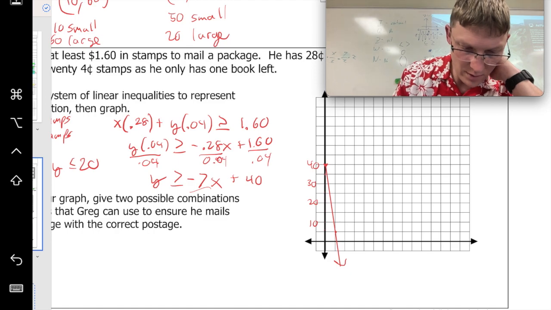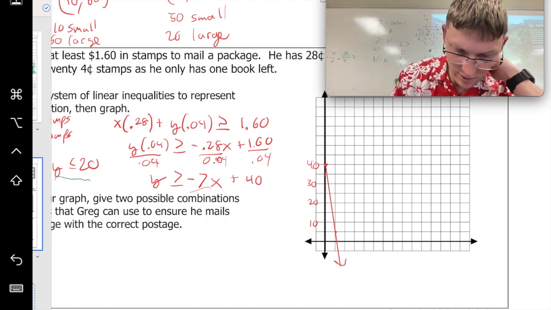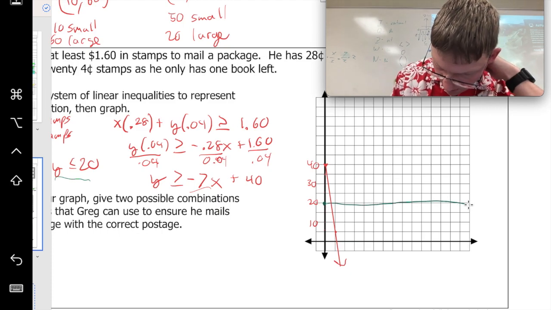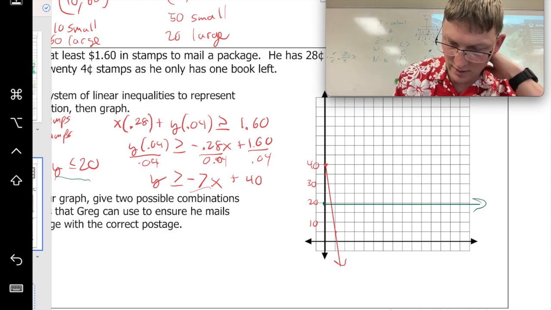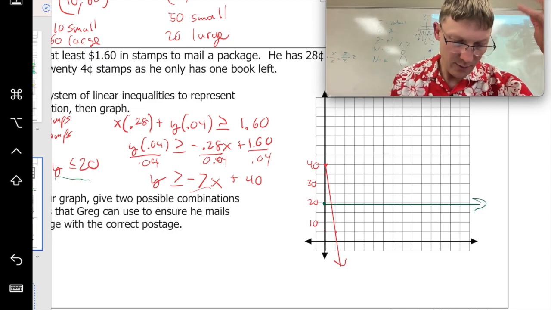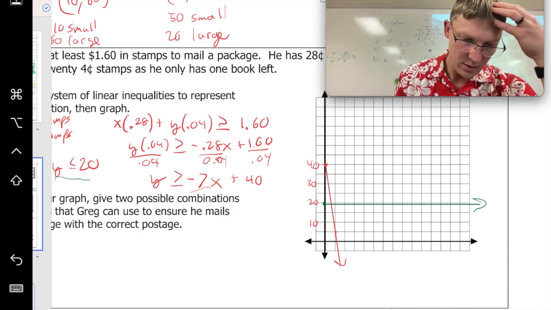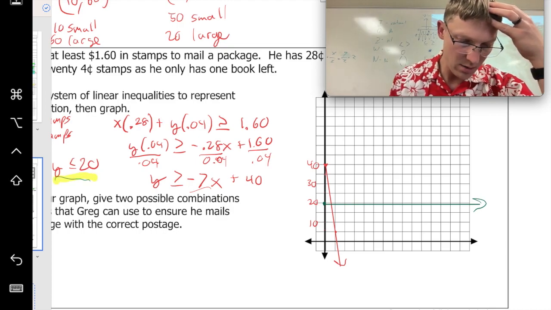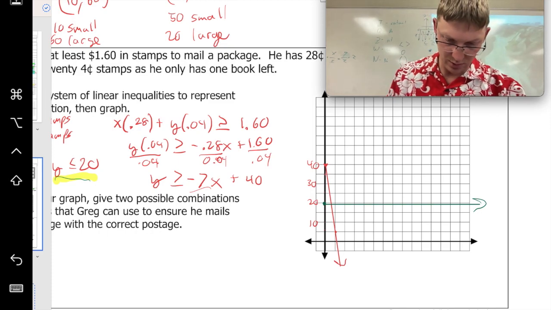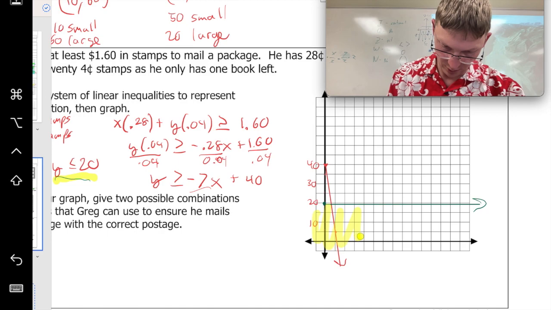So then our next one, this guy over here, is y is less than or equal to 20. Put a dot at 20 and whoop, we're going to pretend that's at 20. So we can plug 0, 0 in for either one of them. So if we start over here, if we say y is 0, less than or equal to 20? It is. So we're dealing with this part.